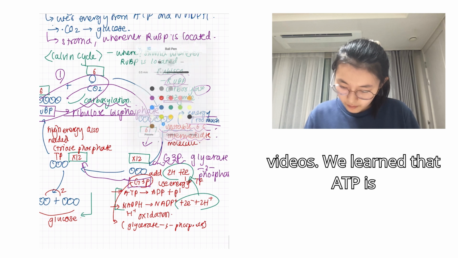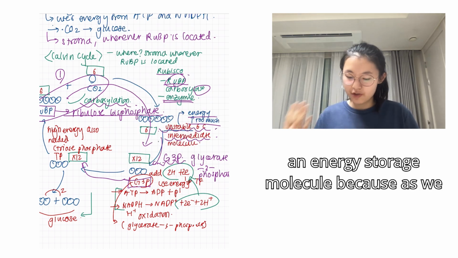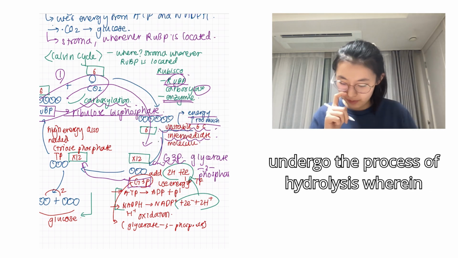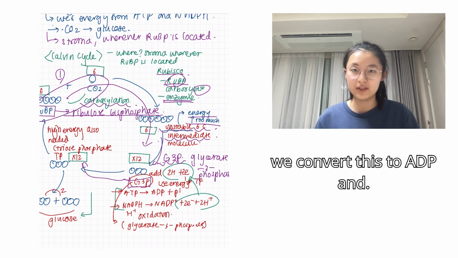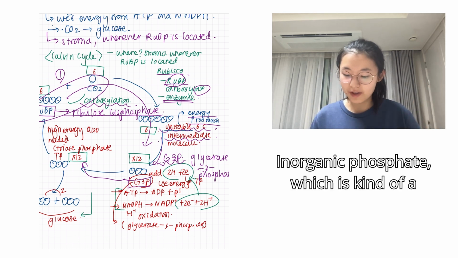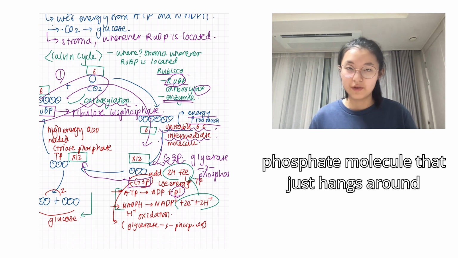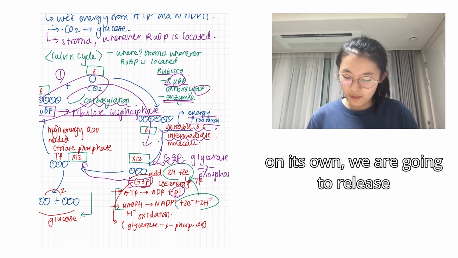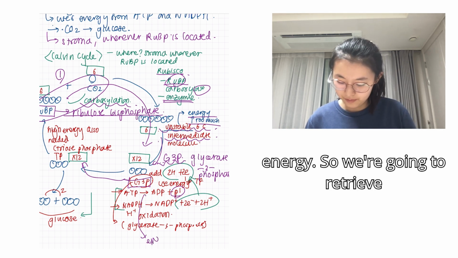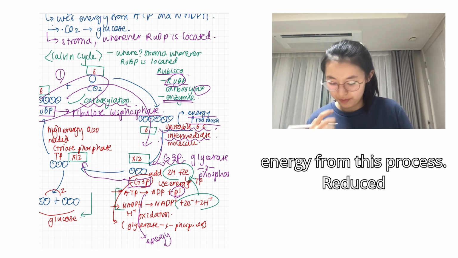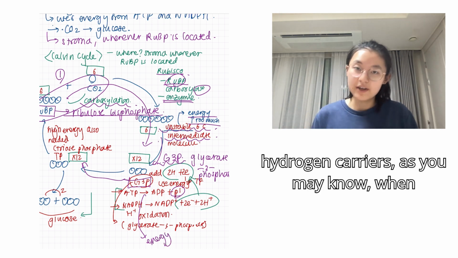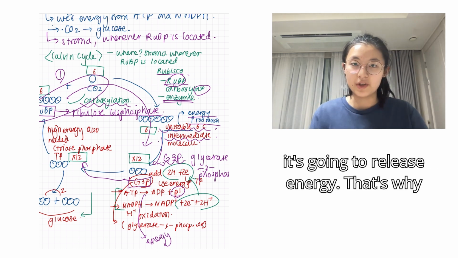Now, these are both things that we have learned in some of our previous videos. We learned that ATP is an energy storage molecule because as we undergo the process of hydrolysis, wherein we convert this to ADP and inorganic phosphate, which is a phosphate molecule that just hangs around on its own, we release energy. So we're going to retrieve energy from this process. Reduced hydrogen carriers, as you may know, when they undergo oxidation, release energy.